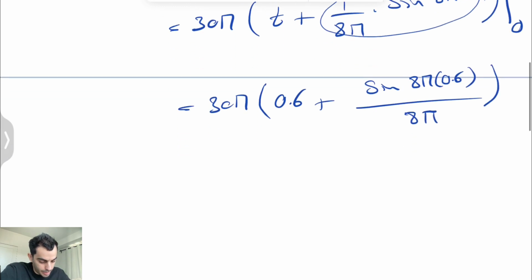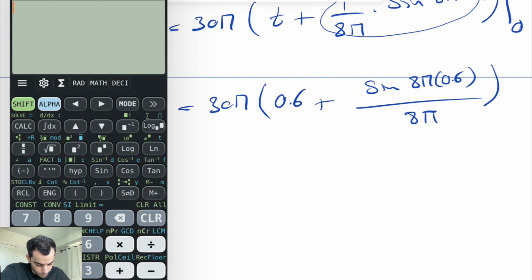And let's see what we get. Basically 3 pi times 0.6 plus sine of 4.8 pi divided by 8 pi.